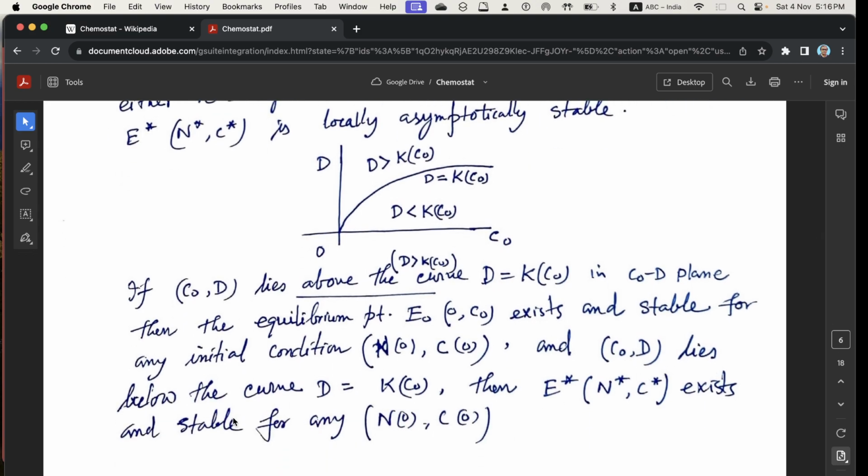And if (C0, D) lies below the curve, then E star exists and is stable for any (N0, C0). When D is less than K(C0), in the region below the curve, E star exists; and for the upper portion, D is greater than K(C0).